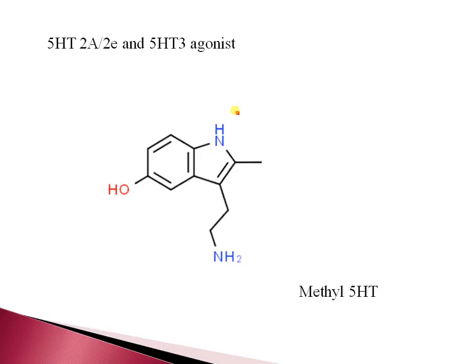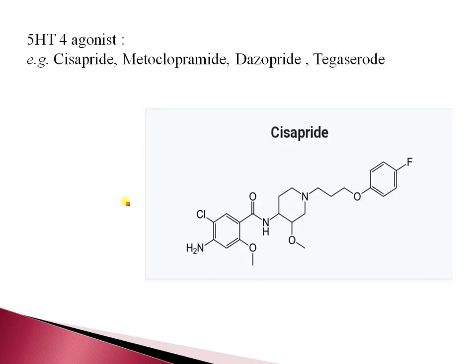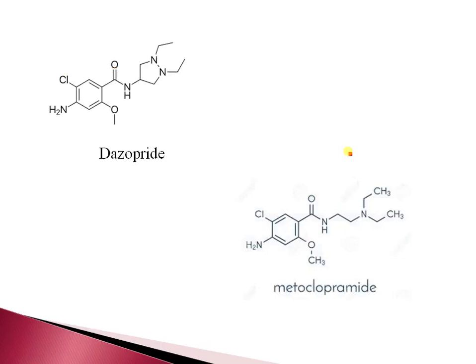For 5-HT2A, 2B and 5-HT3, the agonist is 2-methyl 5-hydroxytryptamine. Then for 5-HT4, cisapride is an example of an agonist. Then the next ones are zacopride and metoclopramide.